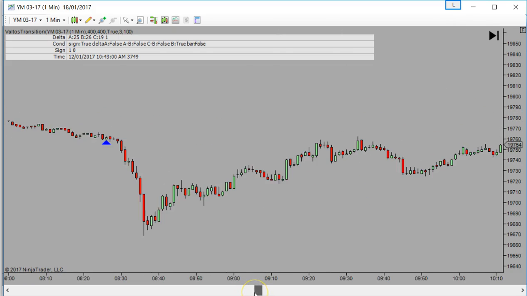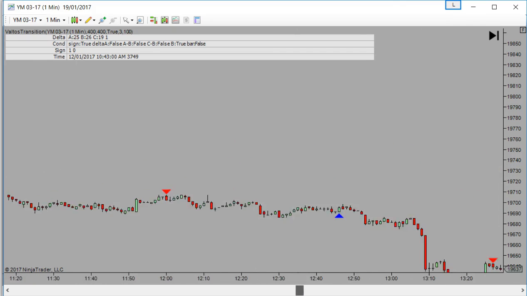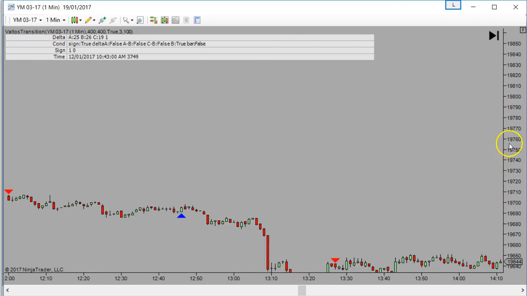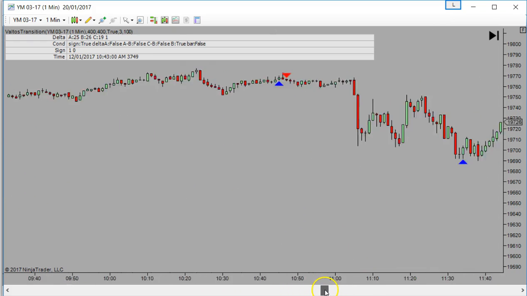Sort of go through a little bit faster so you can see some of these trades. I don't want to keep you guys here too long, but again, I want you to see how it performs over time. And I think this is the best way to do it.